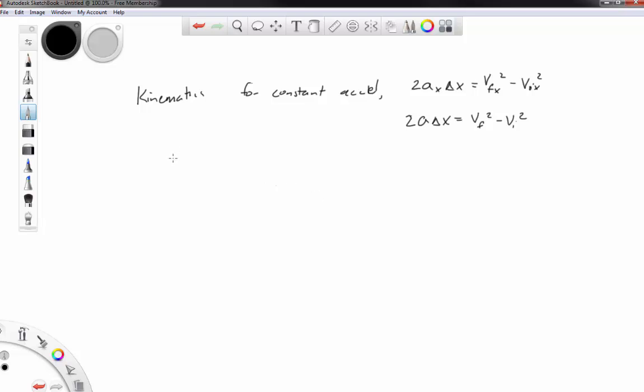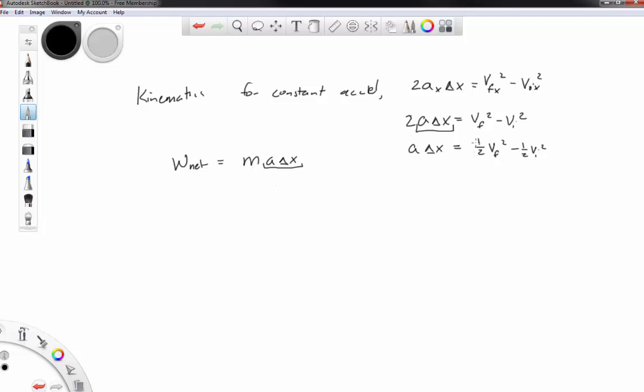Then we also have that the net amount of work done to an object is mass times acceleration times distance. If you solve this for the a delta x term, because that's in both of these equations, a delta x is equal to 1/2 v final squared minus 1/2 v initial squared.